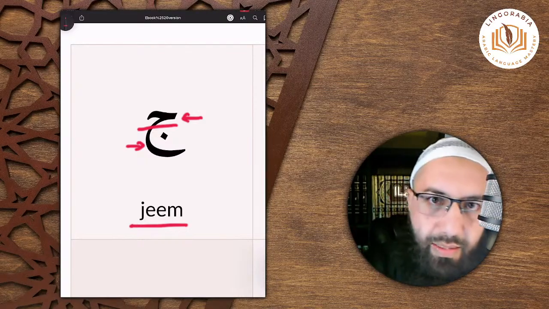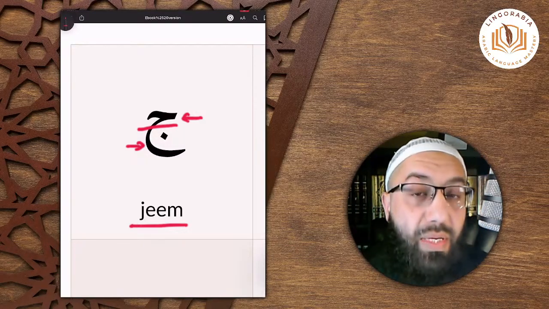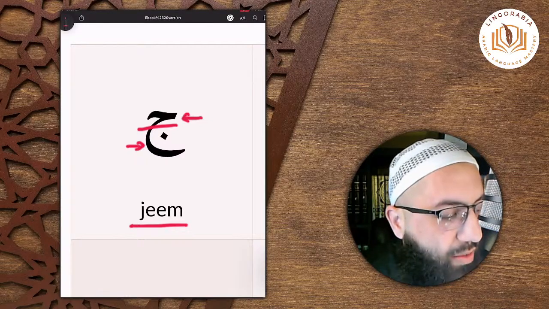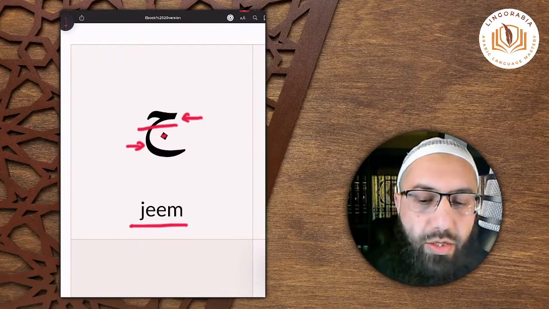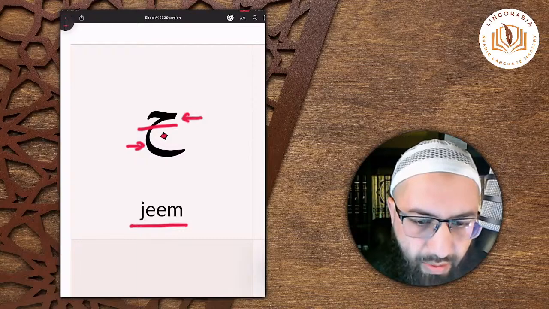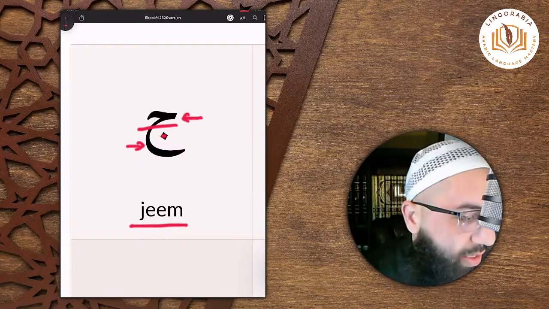We will see this in the second part of the lesson, that there is a part of Jim that goes beneath the line. And also another thing is that the Jim has a dot in the middle. So this is the letter Jim.